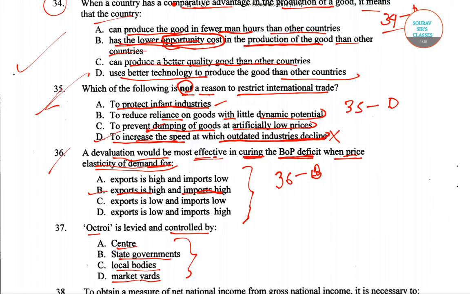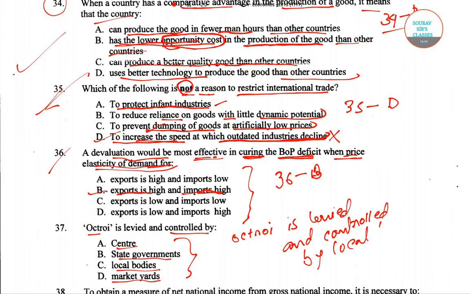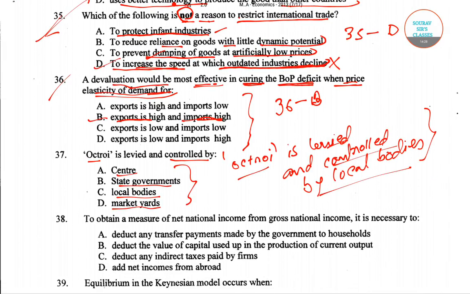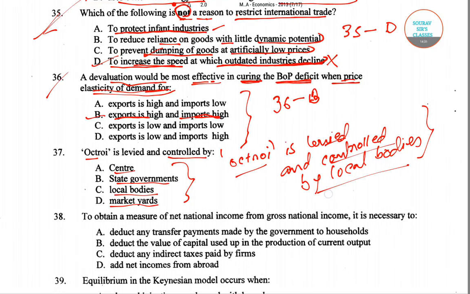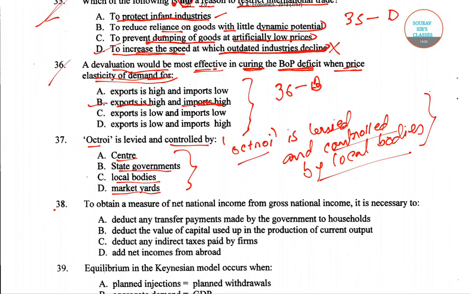So octroi is levied and controlled by the local bodies. Now we'll go to question number 38.